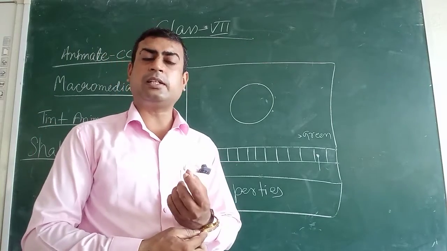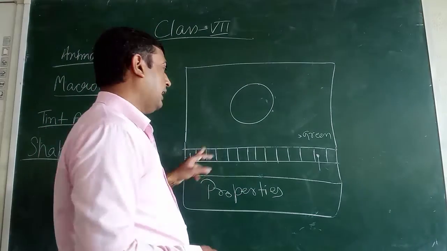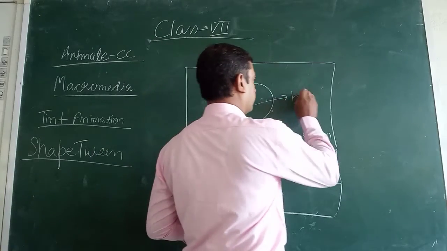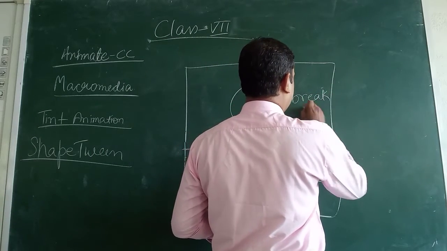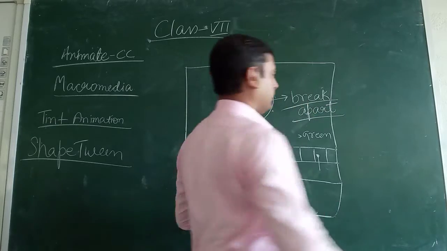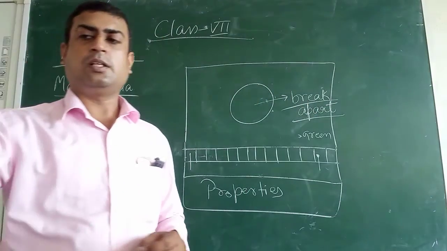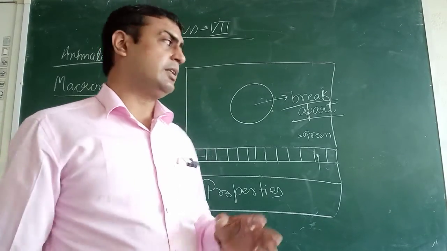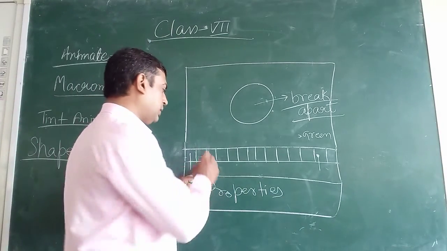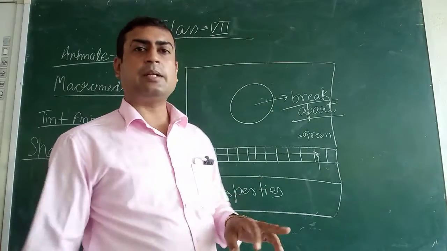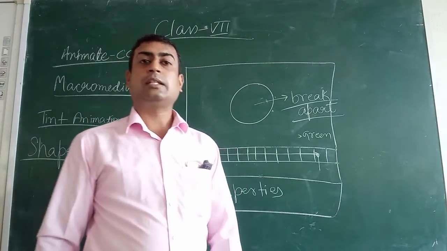Now right click on the keyframe and click break apart. After breaking apart, you can use your mouse and select anywhere in these keyframes and choose shape tween.